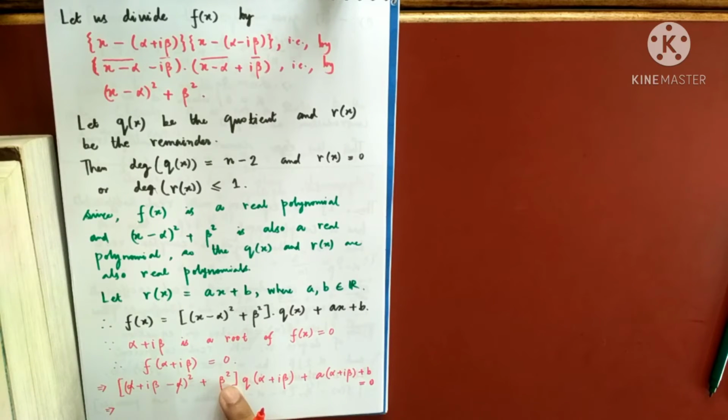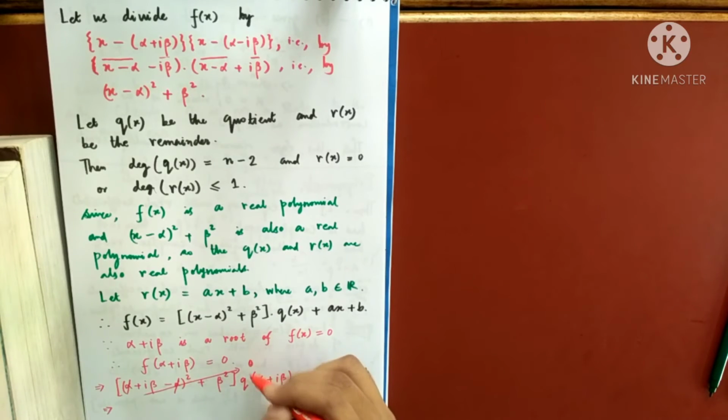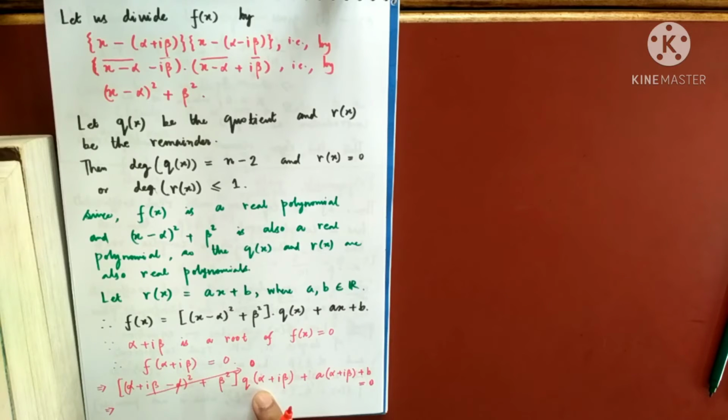This becomes 0, so this quantity whole will become 0. You just calculate and see. So 0 into this number will also be 0, and I'll remain with only this part: a into alpha plus i beta plus b equals 0.